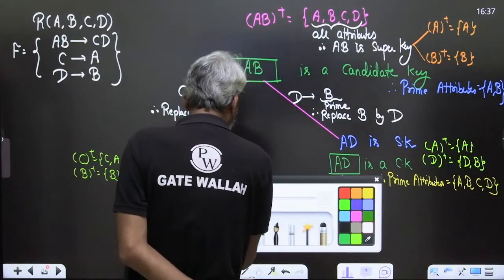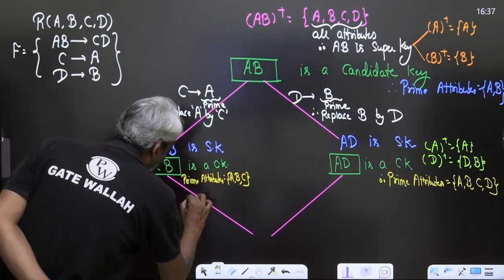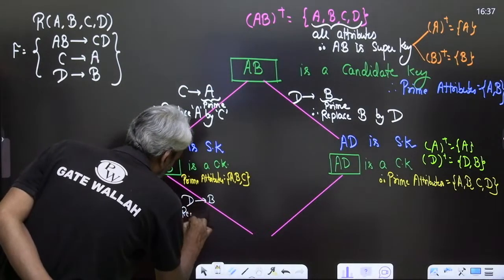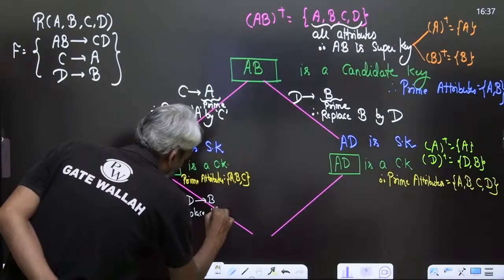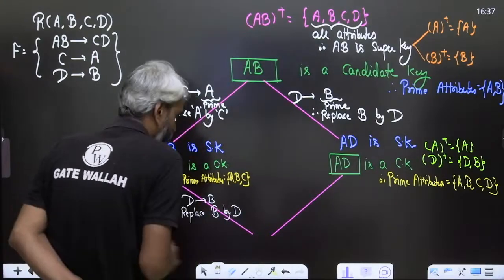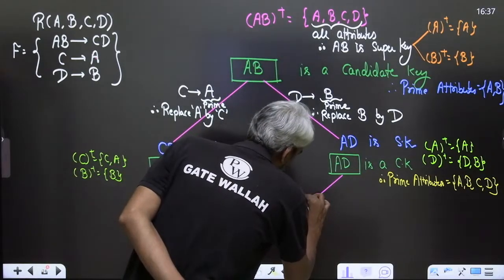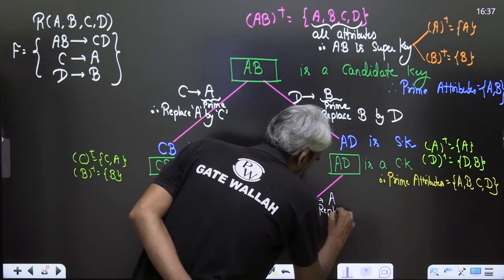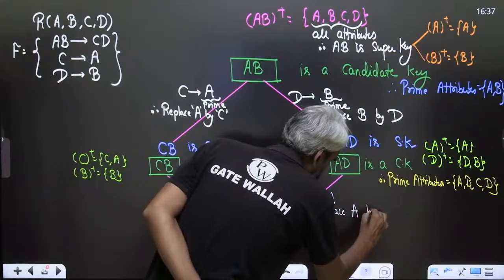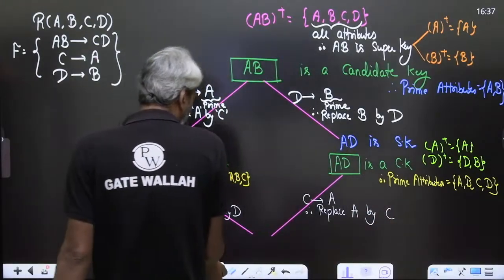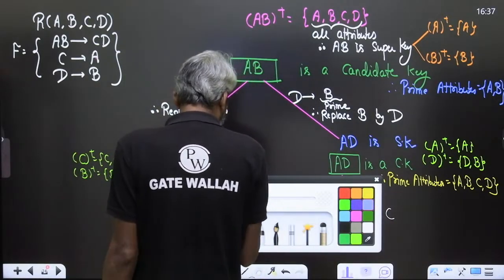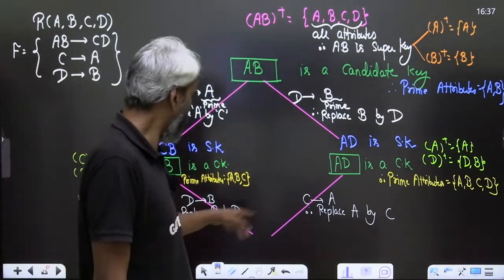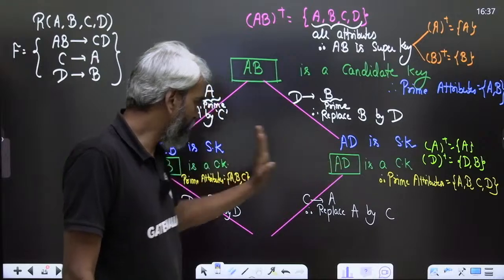D implies B, therefore replace B by D. C implies A, therefore replace A by C. If you perform any replacement, B replaced by D will be CD, and A replaced by C will also be CD.